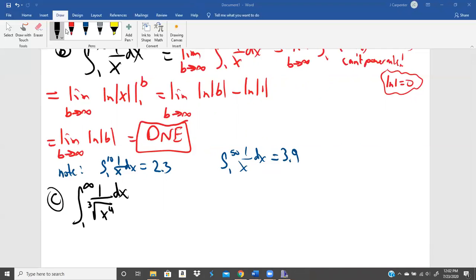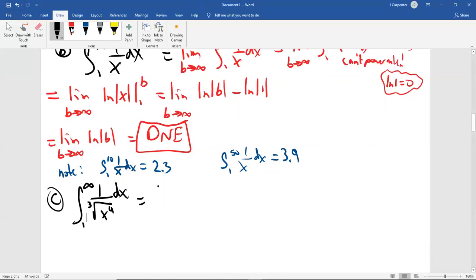All right, so let's limit this thing. The limit as b goes to infinity, integral 1 to b, 1 over the cube root of x to the 4th dx. There are two major issues with this integrand, that is the function inside of the integral.